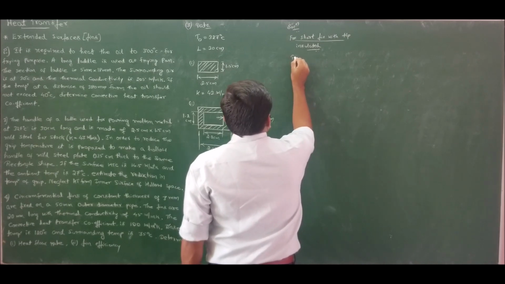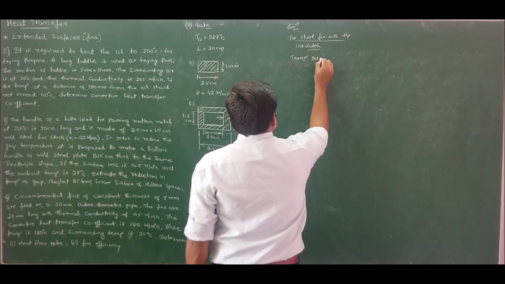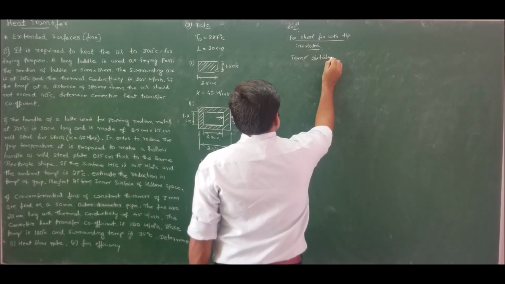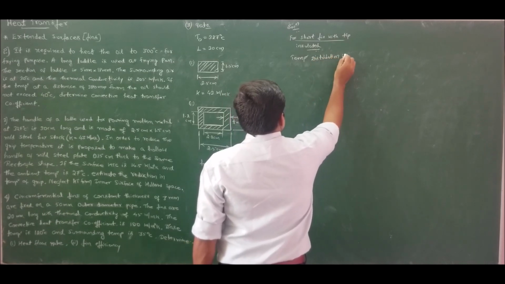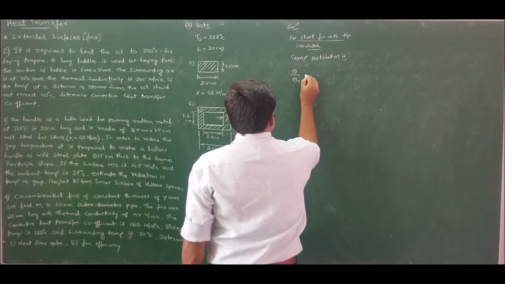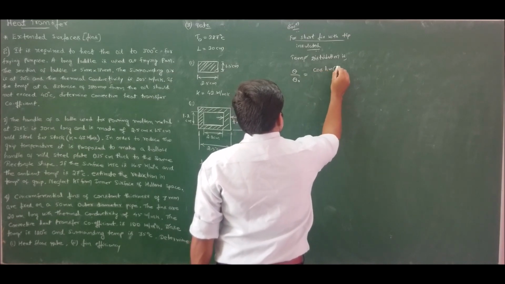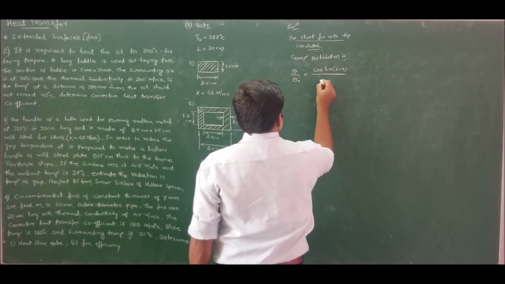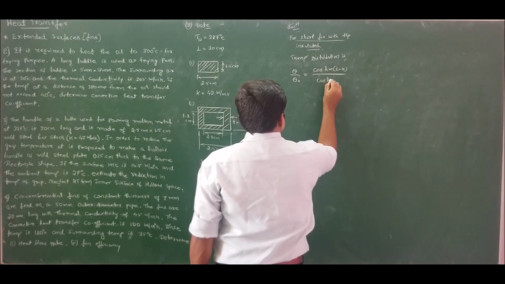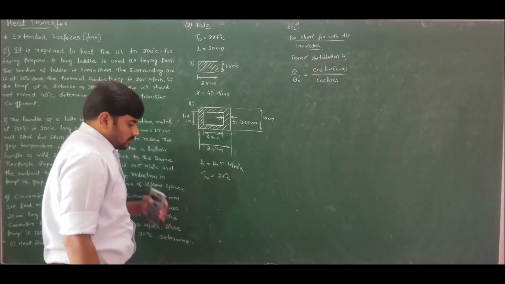That is, the temperature distribution is given by theta by theta naught is equal to cos hyperbolic m of (L minus x) divided by cos hyperbolic mL. This you people already know.